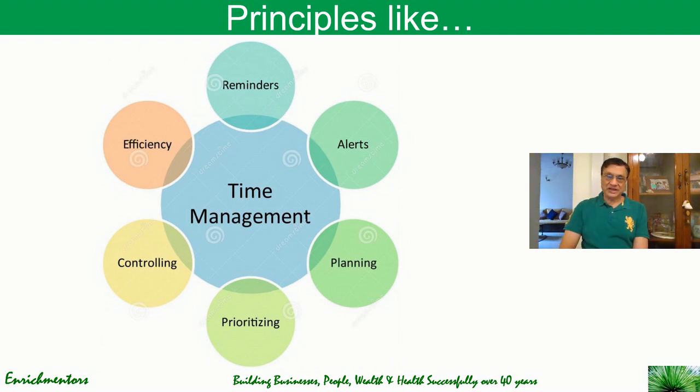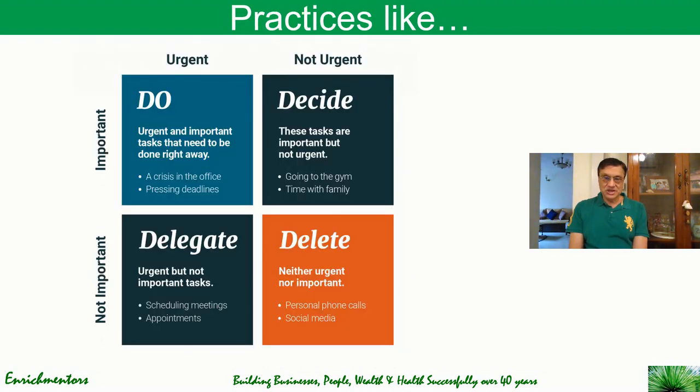What are the kind of practices that you could possibly look at? One of the practices is to decide based on the importance and urgency of the task at hand what to do with that task. There are urgent and important tasks that you need to do right away, and you need to get into the practice of doing them quickly.